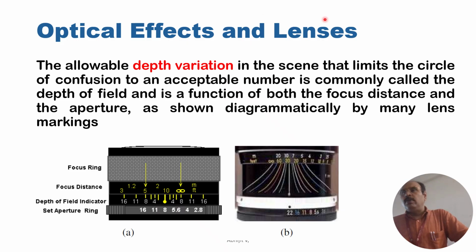Initially, the first thing we learned about was the thin lens. Now it's about the depth variation. In the thin lens, the size or height of the object is calculated. Here, we are finding out the depth of portions within the image.